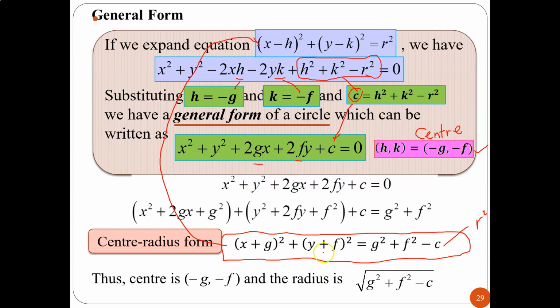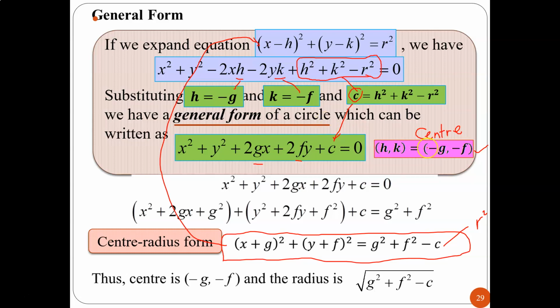This is what we know as center radius form. This is general form. Yang color hijau ni general form. This is center radius form. I know it's a bit difficult at first, but after you look at it properly, after you try how to derive this, how do you get this, you will find it's not really difficult.